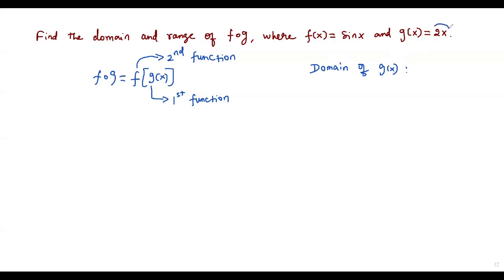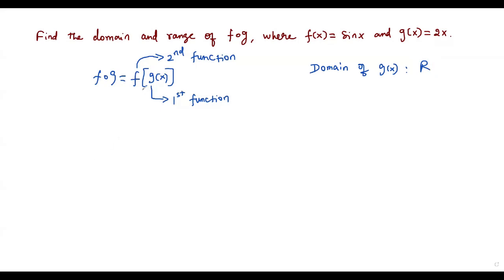What values can we give for x so that g of x will be defined? Here g of x will be defined for all real values of x. So the domain of g of x is all real values. Now I have the domain of the first function. Actually, the domain of a composite function is the same as the domain of the first function, in this case all real numbers. Otherwise, the domain of the composite function must lie inside the domain of the first function. That is, the domain of the composite function can be a subset of the set of all real numbers.